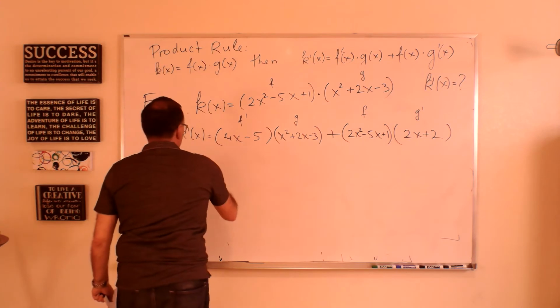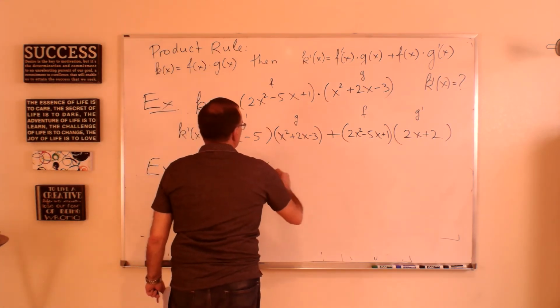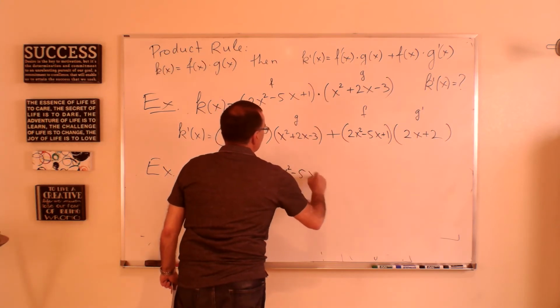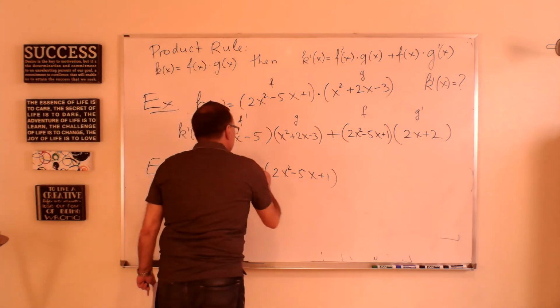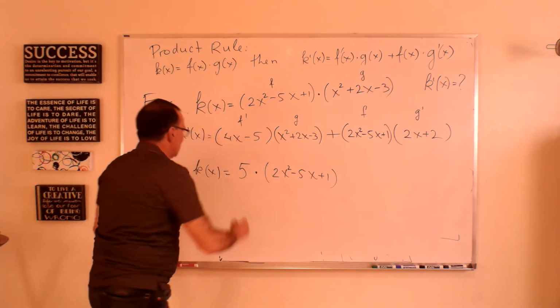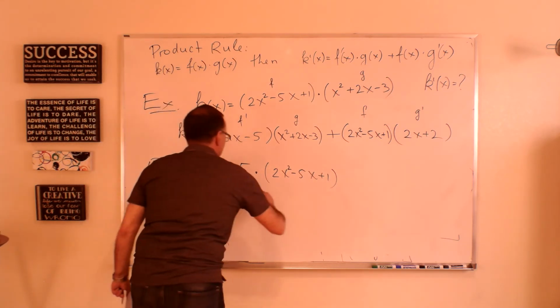Let's say k of x equals 5 times 2x squared minus 5x plus 1. So technically you could apply the product rule here, but it will not be efficient. So let's try to do it like before.